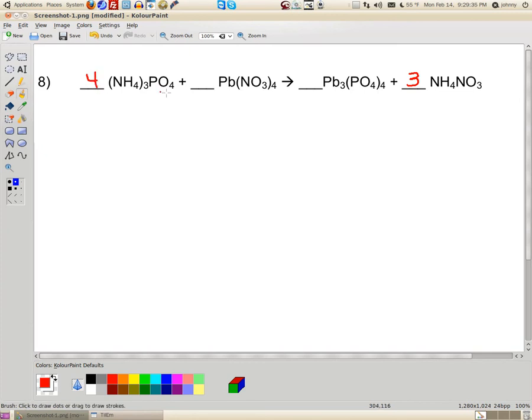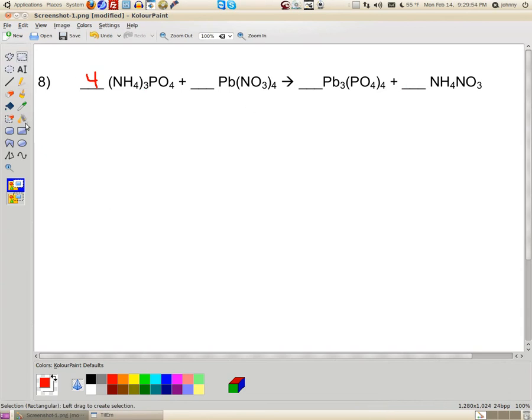Okay, now that caused a problem with the 3 I put here, because now it's messed things up. See, 4 times 3 is 12, so I should have 12 here instead of 3, so I now have to fix that. Okay, so let's take that out.